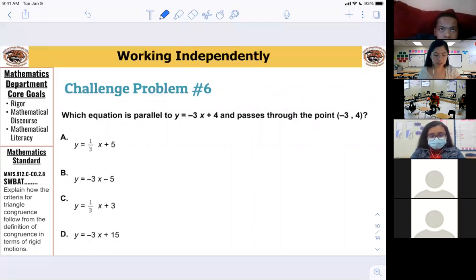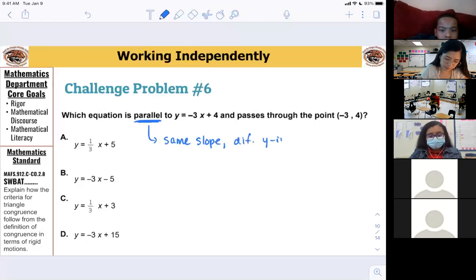For number 6, it's asking us which equation is parallel to y equals negative 3x plus 4 and passes through that point. What do I know about parallel lines? They have the same slope, different y-intercept.